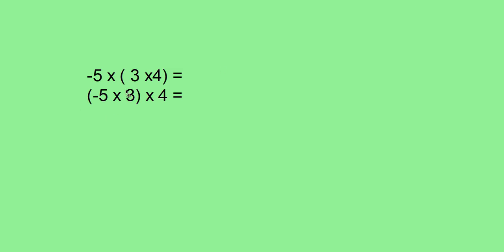Do this question: negative 5 into 3 into 4 is equal to. And one more, negative 5 into 3 into 4. So first, do the product in the brackets. First, here the product 3 into 4 is 12, so negative 5 into 12 you are getting negative 60.